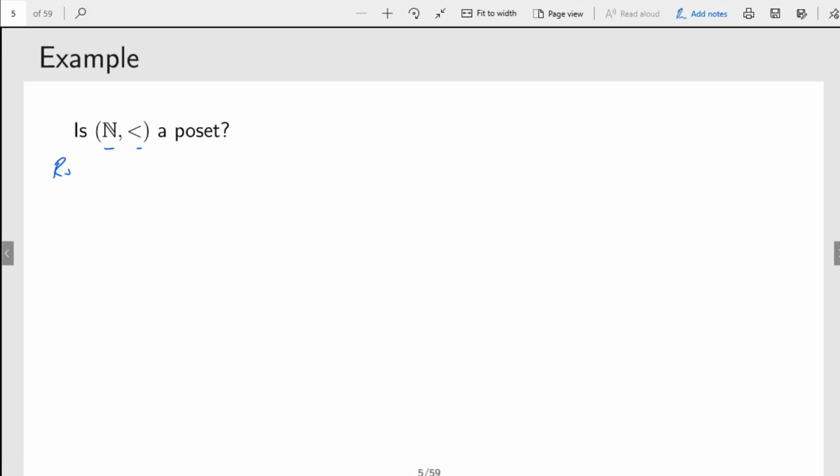So let's check. Is it reflexive? The answer is no, right? Because if a is a natural number, then the relation a less than a is impossible.